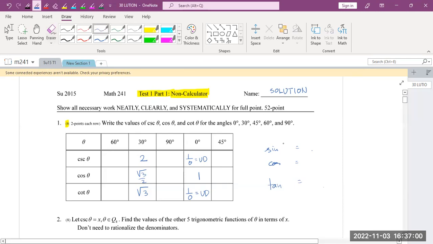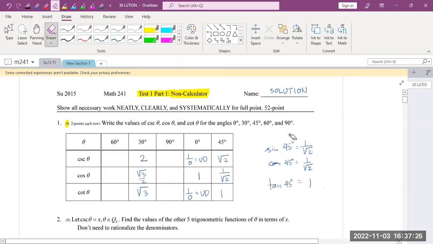Sine 45 degrees is 1 over radical 2. The reciprocal, therefore, is radical 2. Cosine 45 degrees is the same as sine 45 degrees, 1 over radical 2. Tangent 45 degrees is 1. So cotangent, the reciprocal of 1, is itself 1.